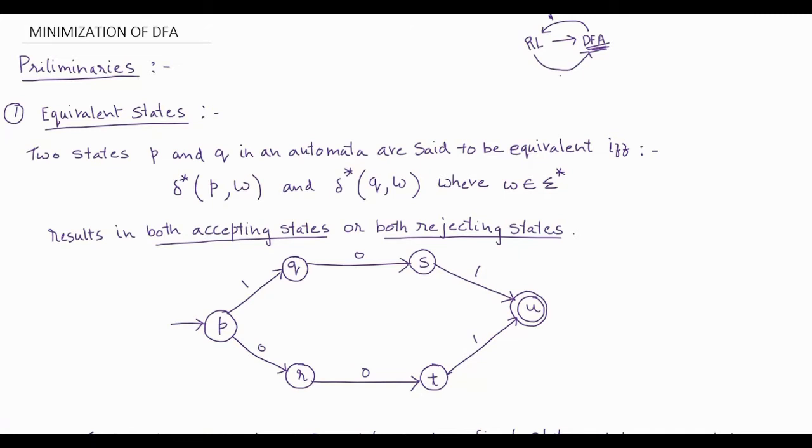It may have more than one DFA. So although every DFA recognizes exactly one unique regular language, every regular language may not have one unique DFA. It may have more than one, equivalent DFAs.